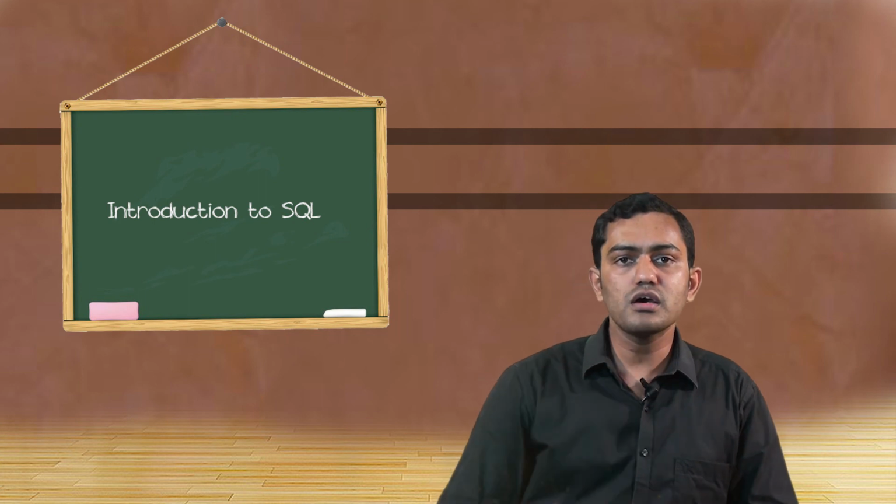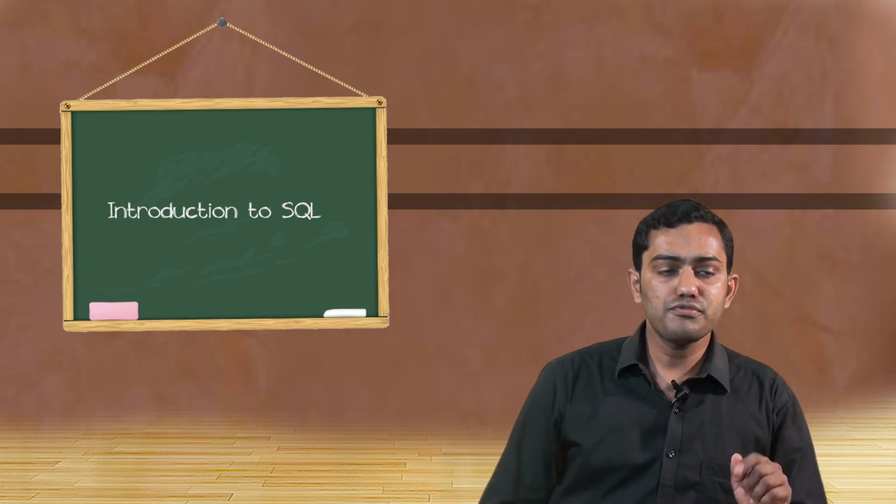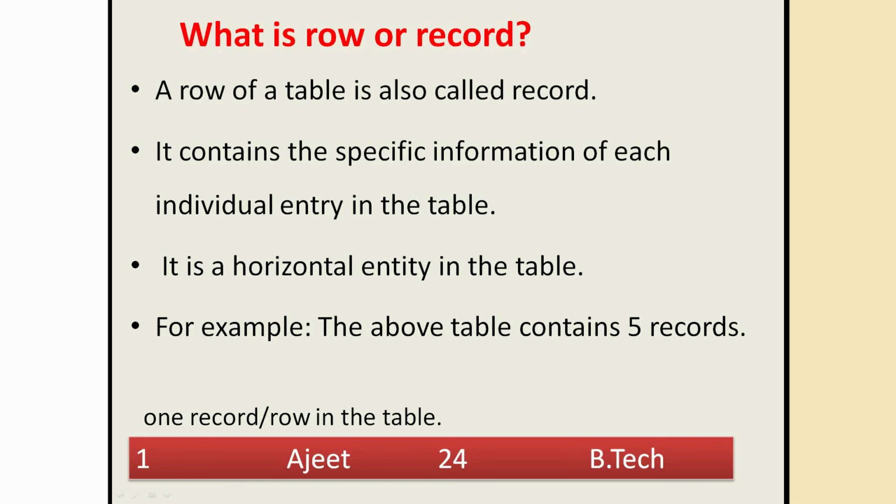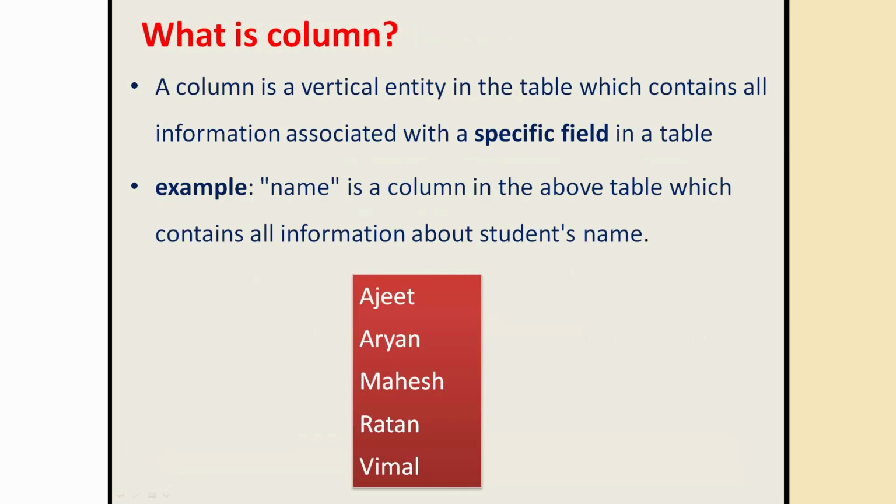In our previous student example, the roll number is 1, the name is Ajit, the age is 24, and the class is B.Tech. We can consider all these details as an entity, which in RDBMS concept we refer to as a tuple. A column: if you observe name, that entire column gives the details related to that particular field.